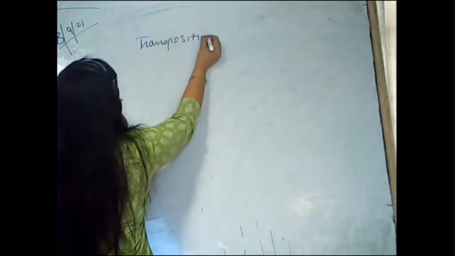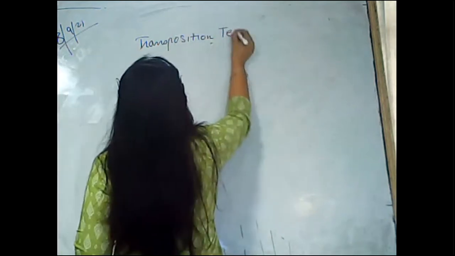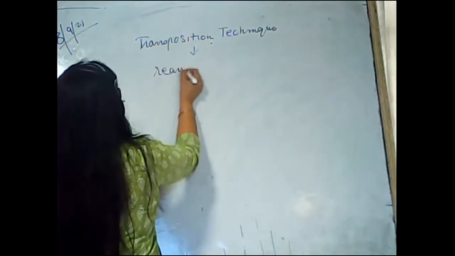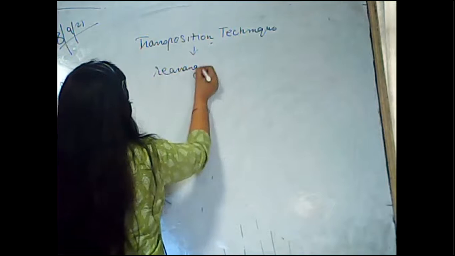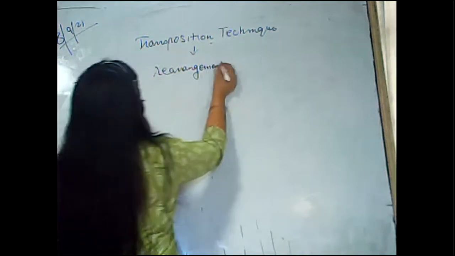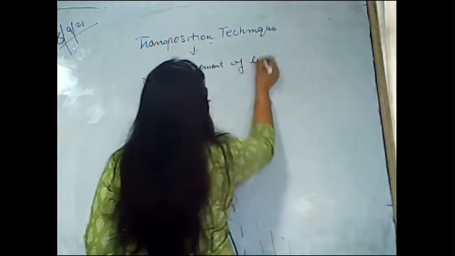Now, the next topic that we will start with is the transposition technique. Transposition technique says rearrangement of the letters. How we represent transposition is that we follow different permutation techniques.